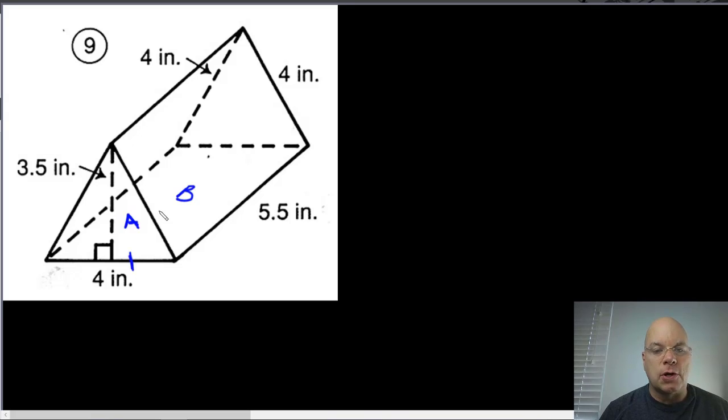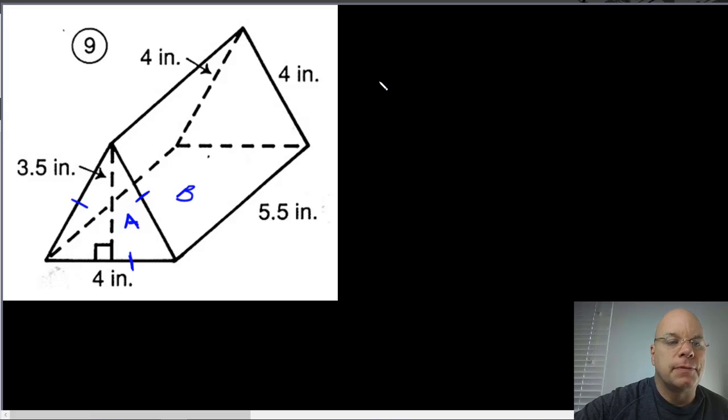This side is also 4 because I see this dimension 4 over here, and this is also 4. And then you see this 4 inches pointing to this side. That means this side of the triangle is also 4. So because of that, all three of these rectangular faces are congruent. So we really only have two unique faces here.